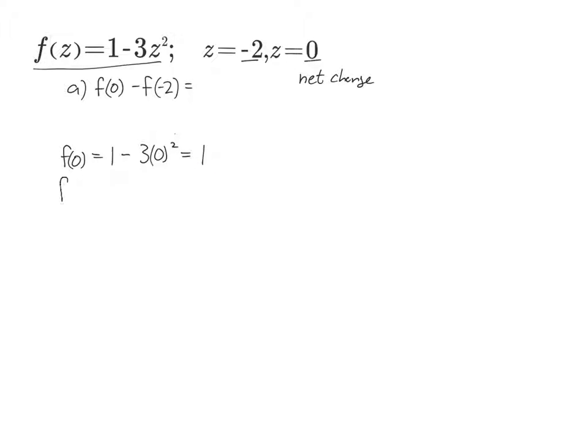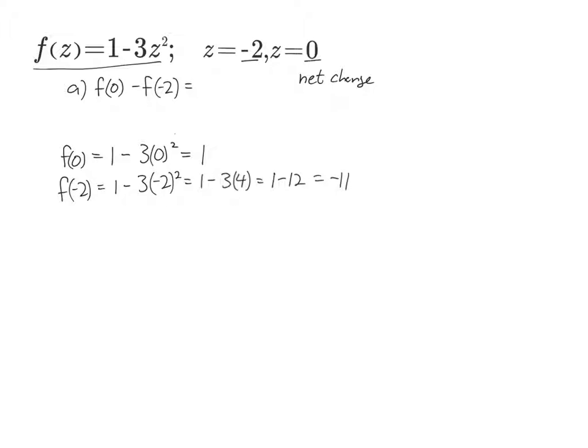And then if I get f of -2, well, that's going to be 1 minus 3 times -2 squared. And -2 times -2 is 4. 3 times 4 is 12. So it's going to be -11.